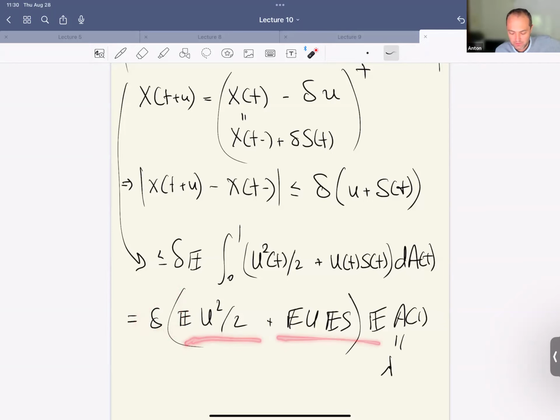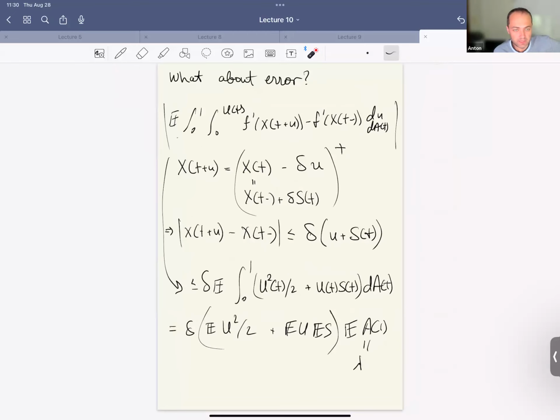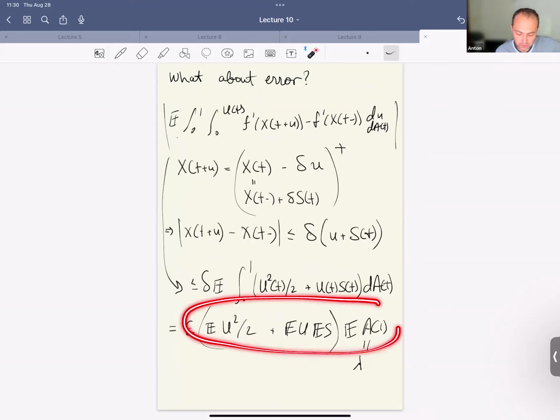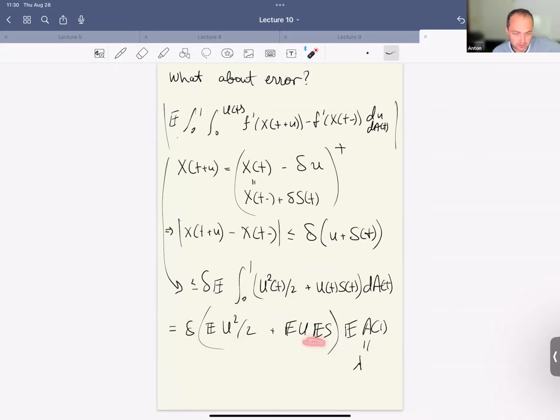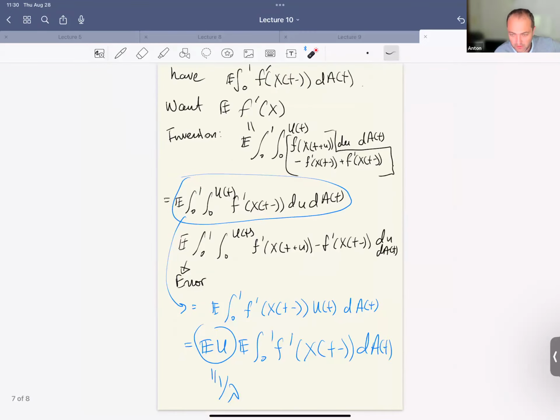But otherwise, the error of approximating time averages by event averages is controllable, in this case, using the two moments of u and one moment of the service time. Okay, so that being said, I think I'm going to wrap it up.